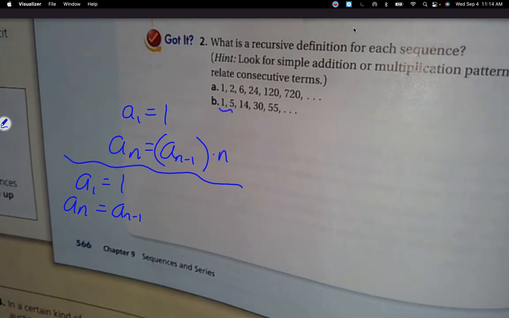How do you get from this term to this term each time? You add 4. It says look for simple addition or multiplication patterns. Times 2, add 4. Yes, I'm trying hard. Add 4.